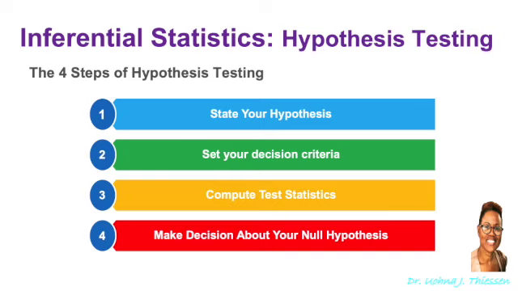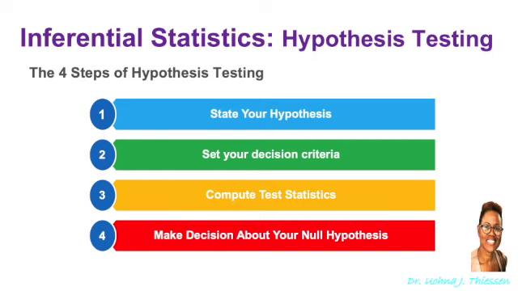Because the probability of them happening by chance is less than 0.05. So it is statistically significant. If the p-value is more than 0.05, then we would say that the probability of these results happening by chance is more than 5%, and so we would conclude no statistical significance. So that's the criterion. Alpha is equal to 0.05.